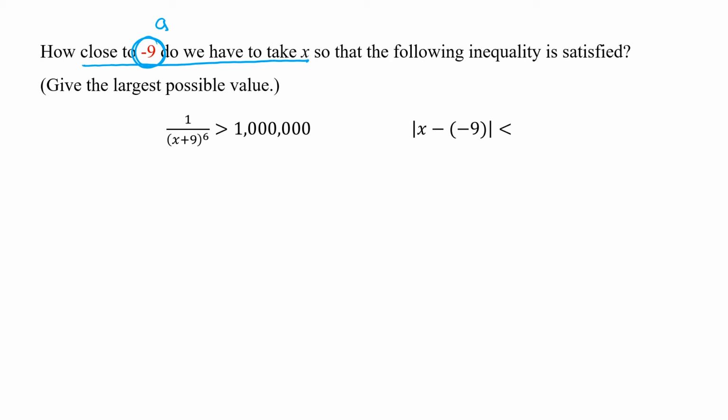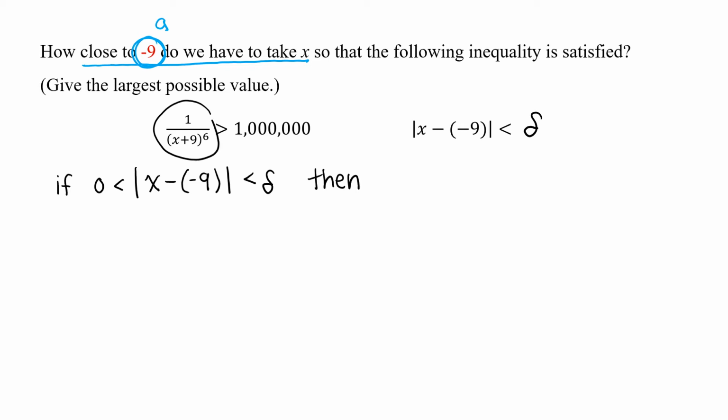In order to figure out what this delta has to be, we need to remember that we're trying to show that if 0 is less than the absolute value of x minus a, so x minus negative 9, is less than delta, then f of x, which we can see is 1 over the quantity x plus 9 to the 6th power, is greater than m, which is 1 million.